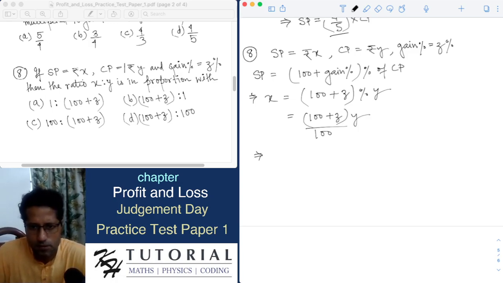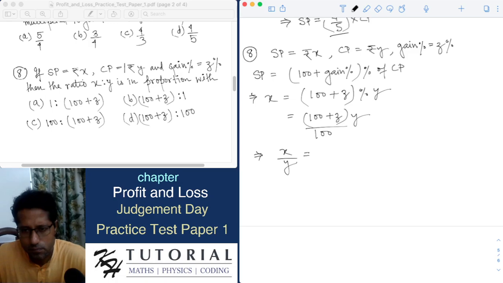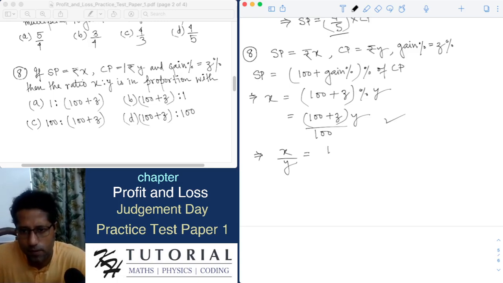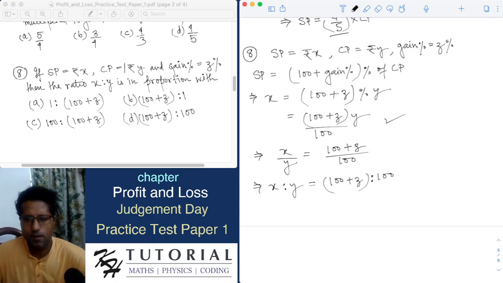Now if we divide both sides of this equation by Y, we get X by Y equals 100 plus Z divided by 100. So this implies that X is to Y is equal to 100 plus Z is to 100.